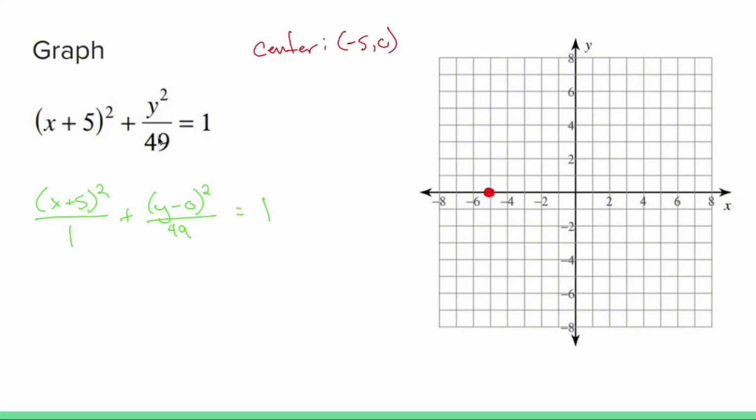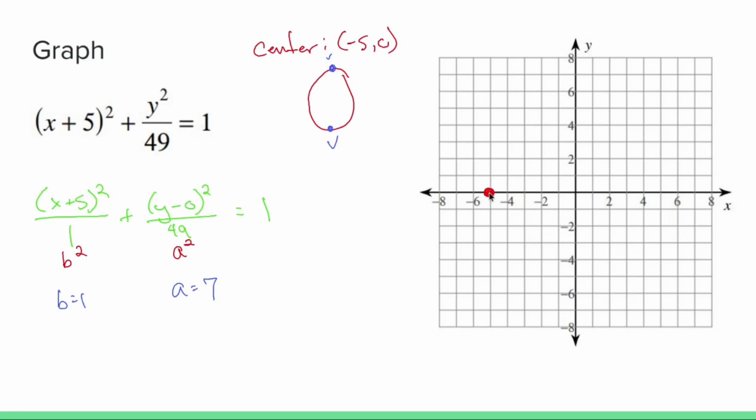So my center lives right here. Now, since the larger number is underneath the y squared, this is one of those tall, skinny ones. So I would call this a squared, and I would call this b squared, which tells me that a, if I square root it, is going to be 7, and b, if I square root that, is going to be 1. Now, my vertices are going to be the numbers attached to the longer sides.